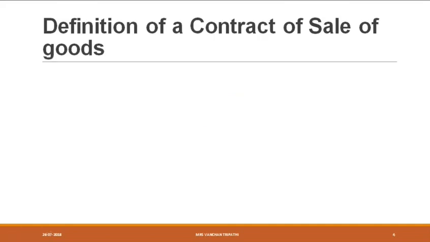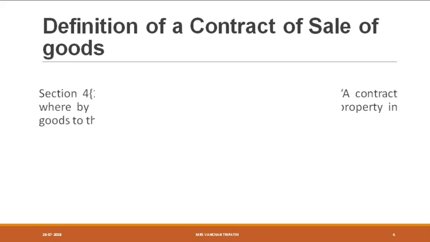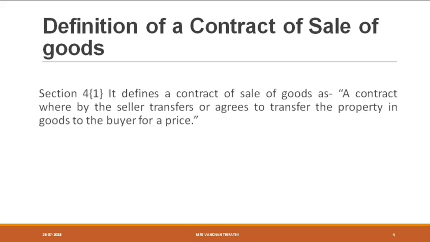So you can see the definition of contract of sale of goods. According to Section 4(1), it is defined as a contract whereby the seller transfers or agrees to transfer the property in goods to the buyer for a price.